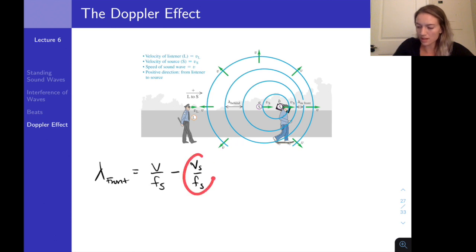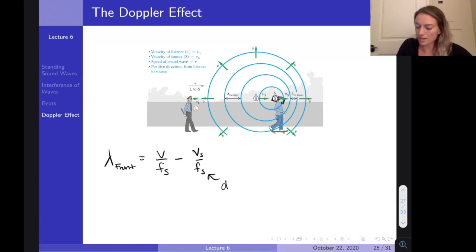So this here is some distance, the distance that the source traveled. So this distance is how far the source moved in some time. Distance is equal to velocity times time. So I'm going to figure out how far the source moved in one period.